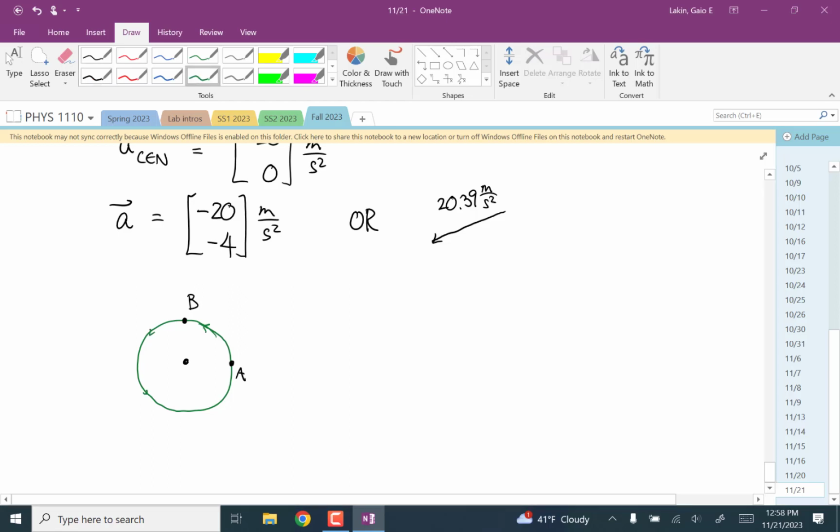The angular velocity says it's moving this way. That means that the velocity vector is this way. The tangential acceleration, since it's slowing down, has to be opposite of the velocity. The centripetal has to be toward the center.